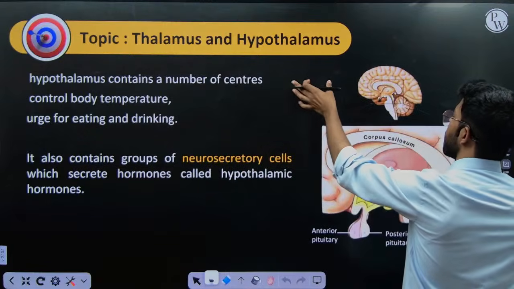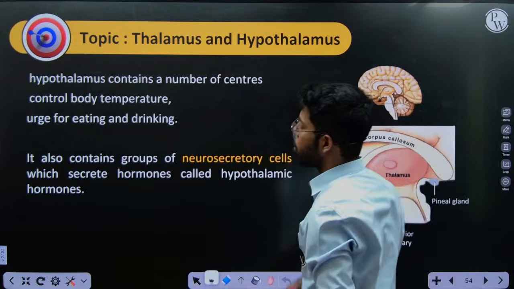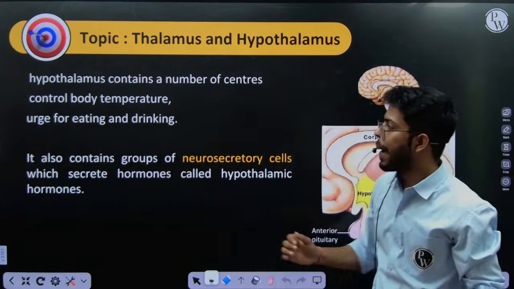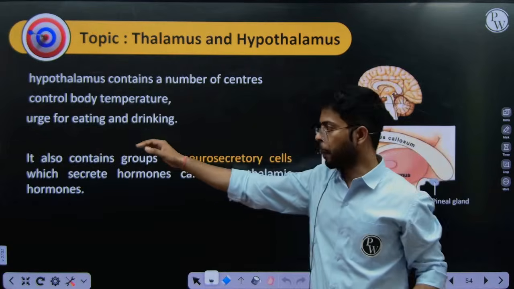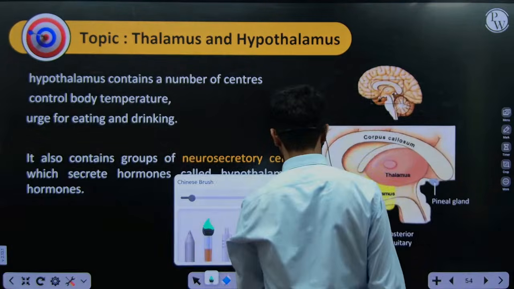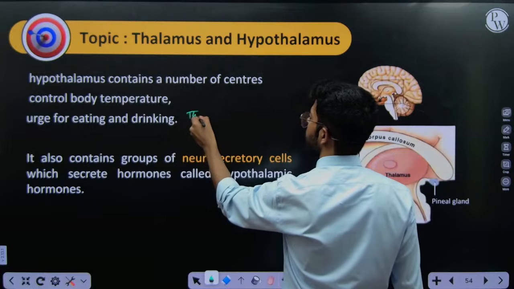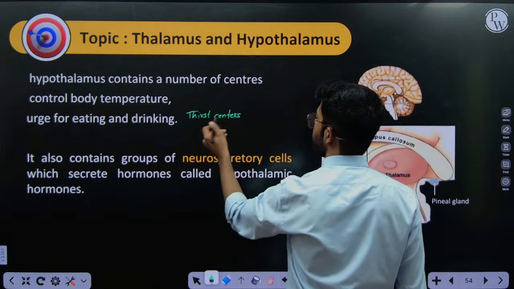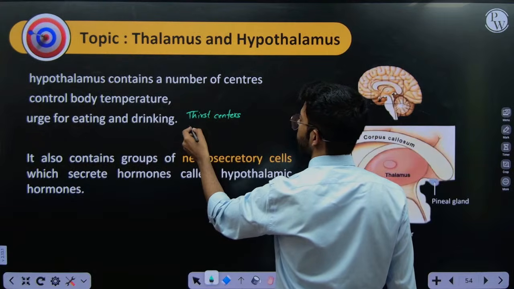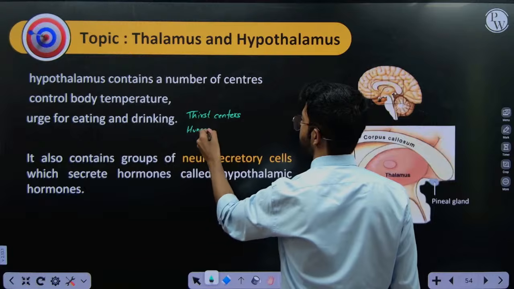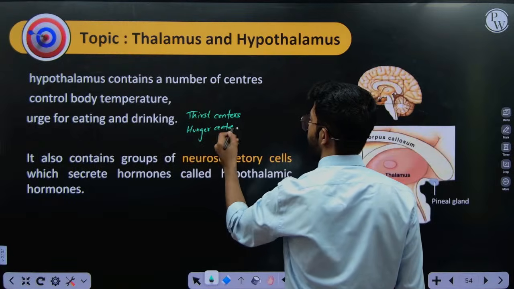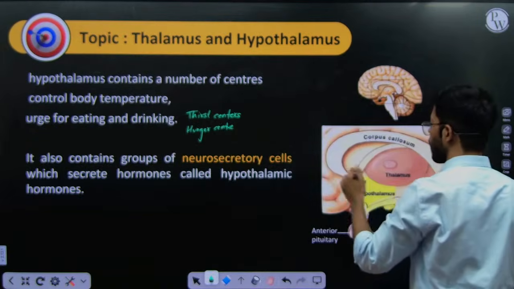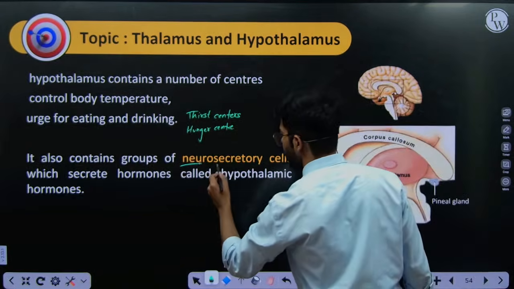Now the thalamus and the hypothalamus. In the hypothalamus there are centers which control the body temperature and the urge for eating and drinking. That means there is a thirst center and a hunger center present inside the hypothalamus, and it also has neurosecretory cells.